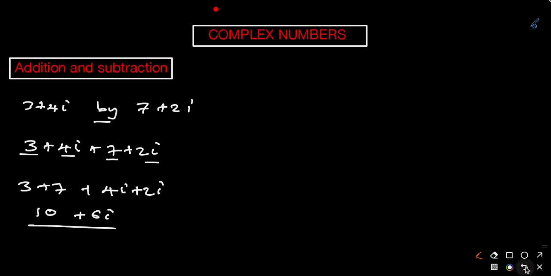Now let's look at other examples. This is our example A, and this one is example B. Let's say we have 1 over 5 plus 23i, and we're adding 7 minus 1 over 2 i.